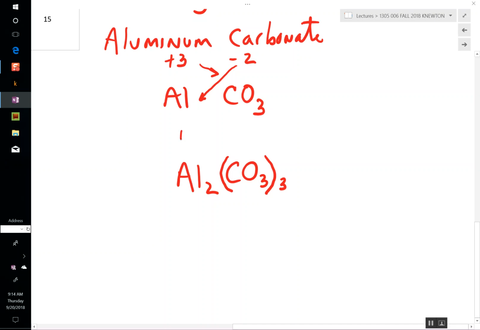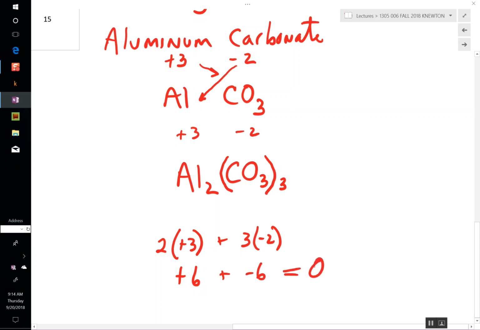And let's just kind of track with this. So 2 times a +3 is +6. 3 times a -2, again, is a -6. All right? We're using the same logic.